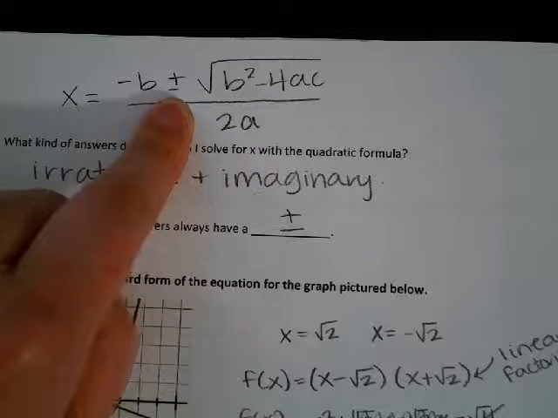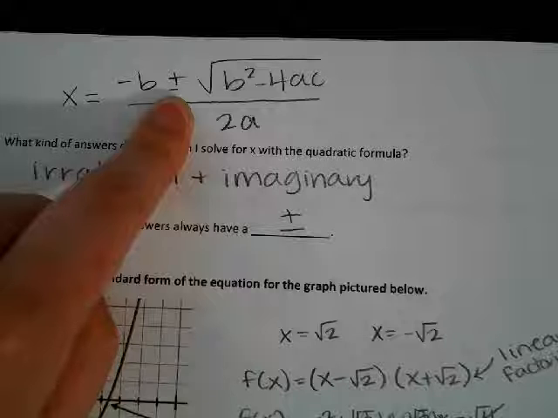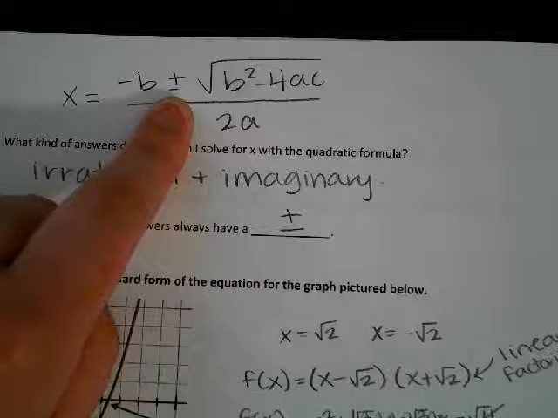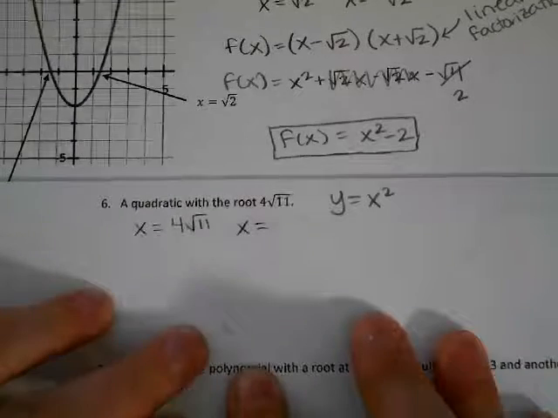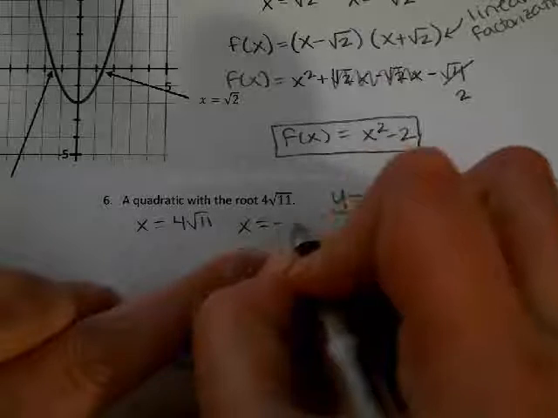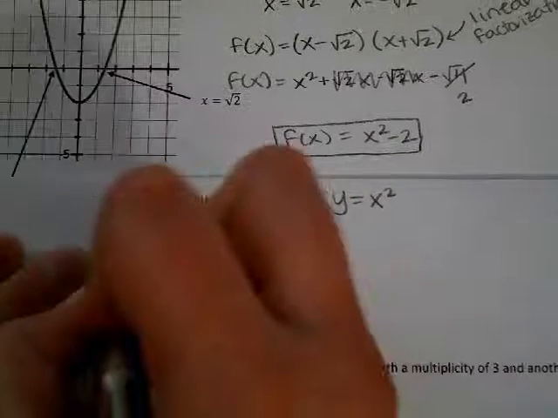So if positive 4 square root 11 is one of the solutions, then the other solution must be negative 4 square root 11. Does that make sense? Because they always come in pairs. So if I have the positive version, I must have the negative version. Okay, so that means I've got y equals, and then I have to start writing my parentheses.